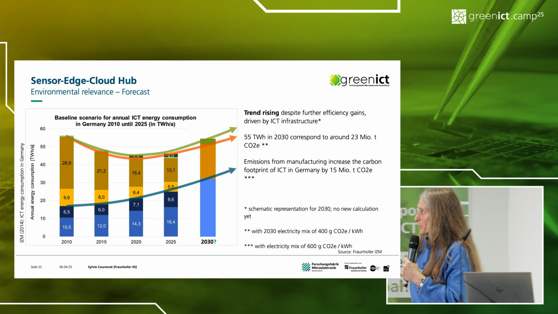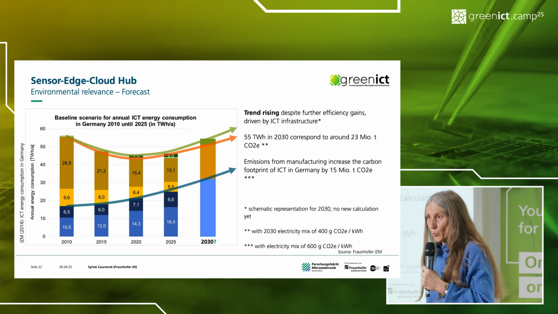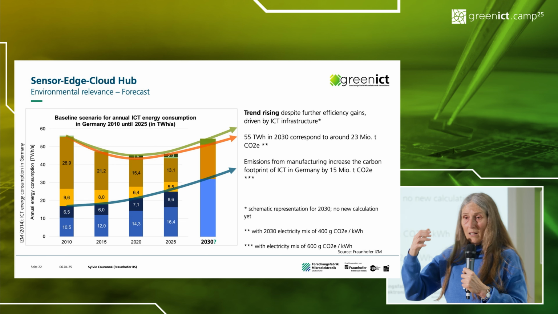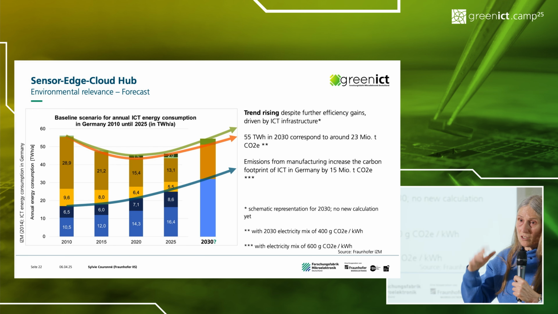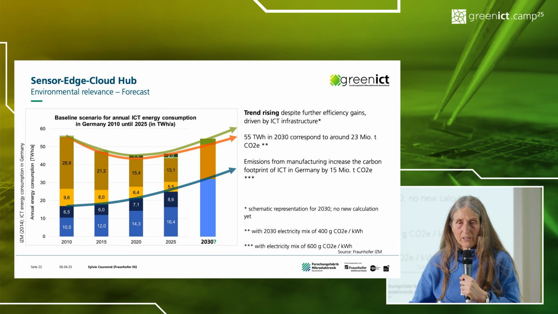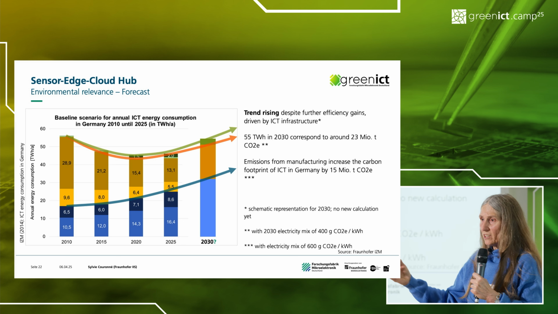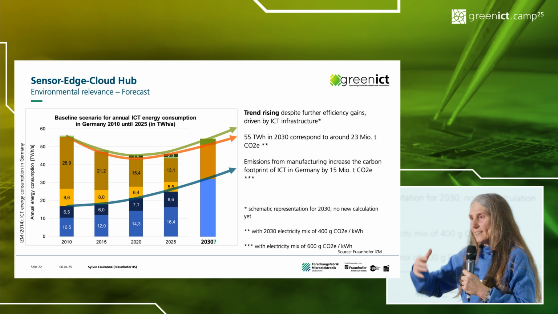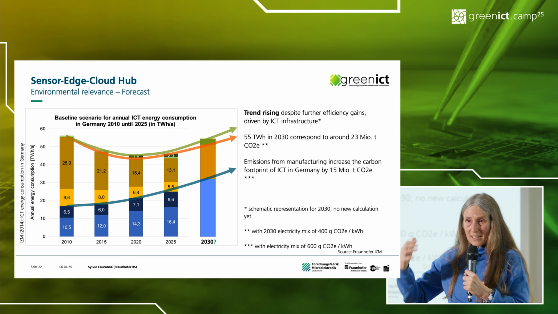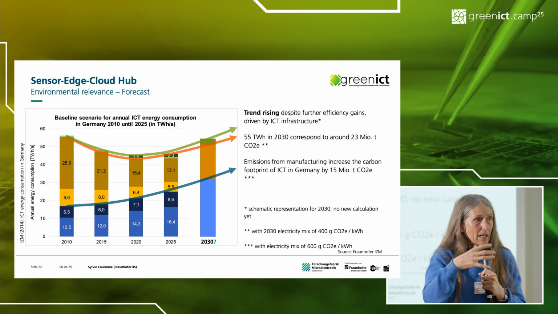And just to see here, the trend is rising extremely because of AI applications, quite everywhere in smartphones, in every kind of application you have AI behind. Everybody, even children, is using GPT and so on. So this is one of the explanations, but also the explosion of the growth of ICT everywhere.